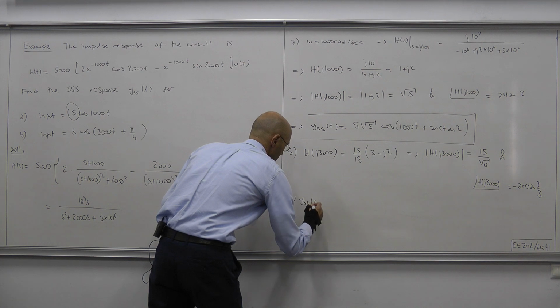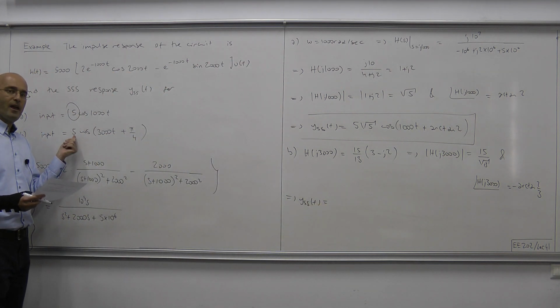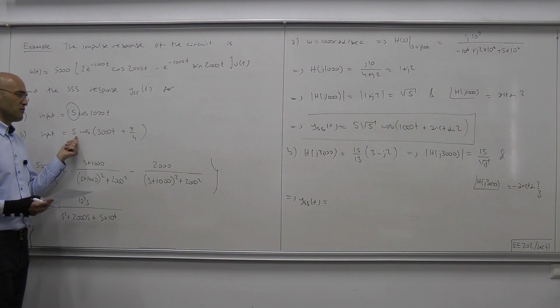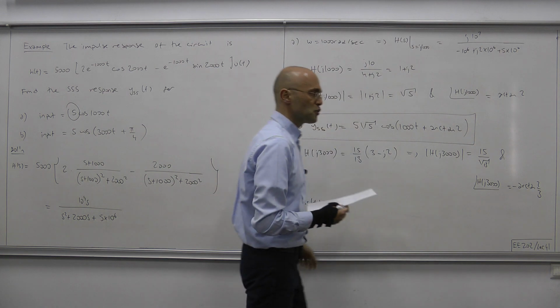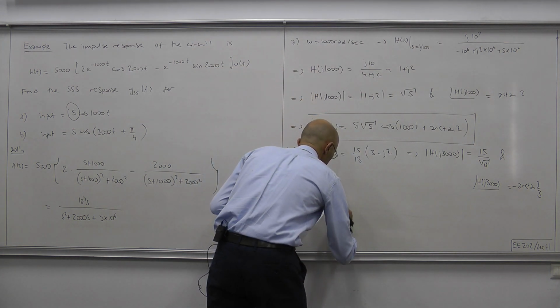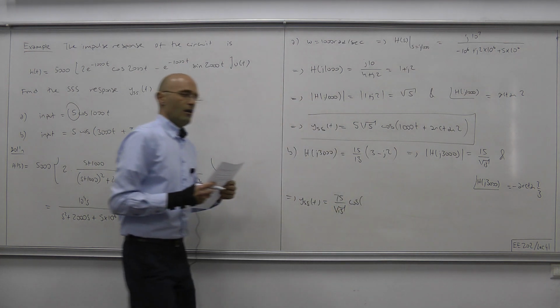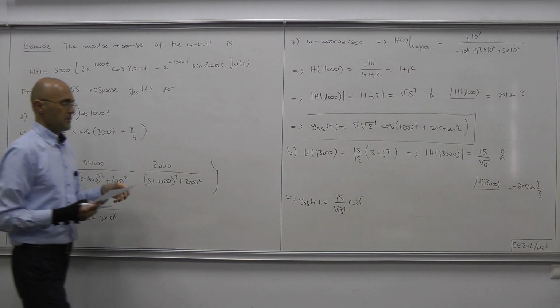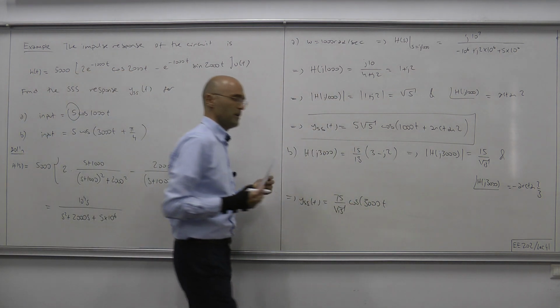Therefore the steady state solution is, you take the amplitude of the input, which is 5, and scale it with 15 over square root of 13, so that makes 75 over square root of 13 times cosine. The frequency is 3000, so the frequency of the output is also 3000.